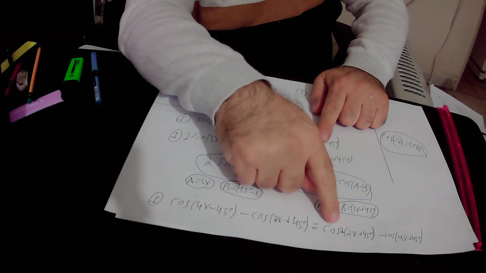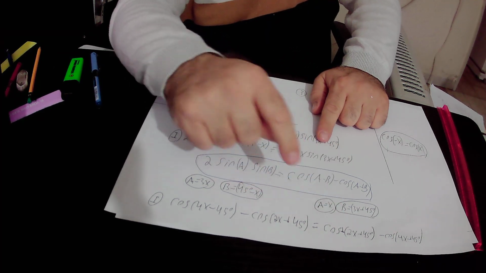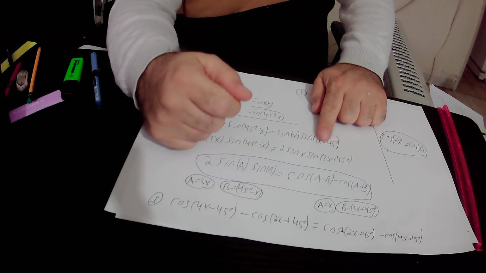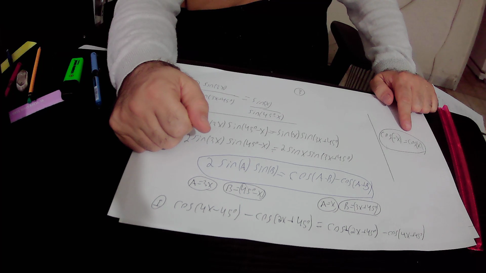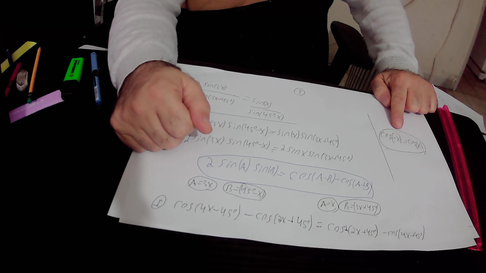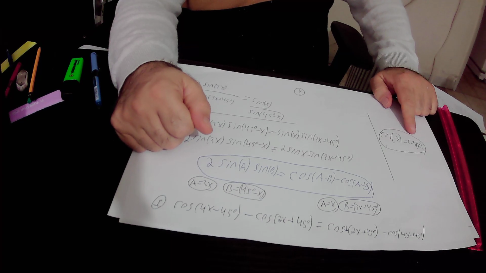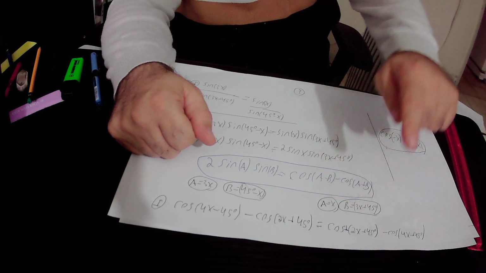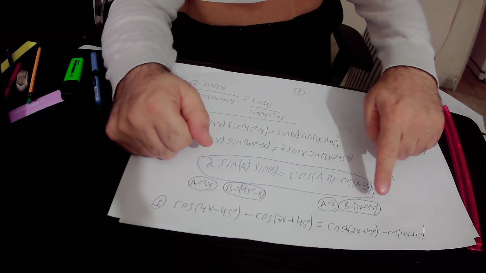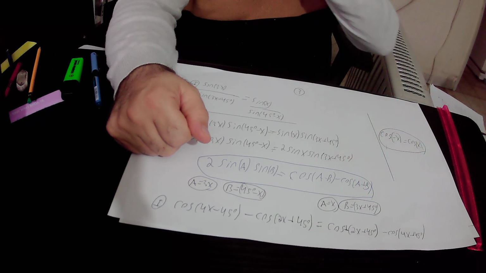So we have minus here before the brackets. But because of the fact that we know that cosine minus x equals cosine x, we can turn the minus to plus. So we did it, and we got cosine 2x plus 45 degrees.